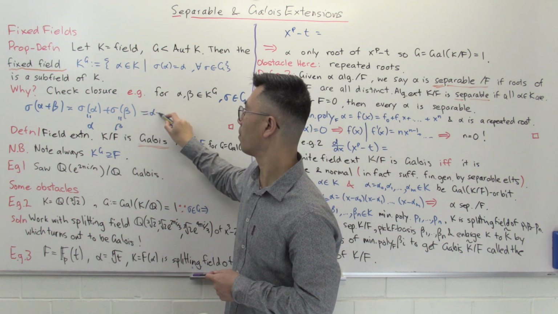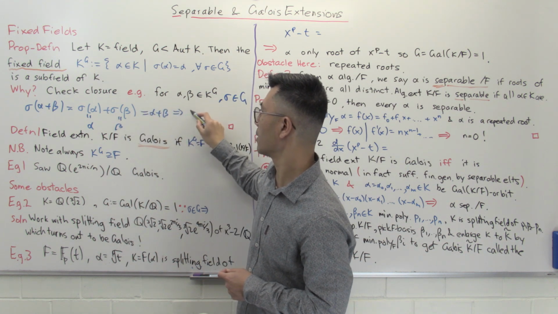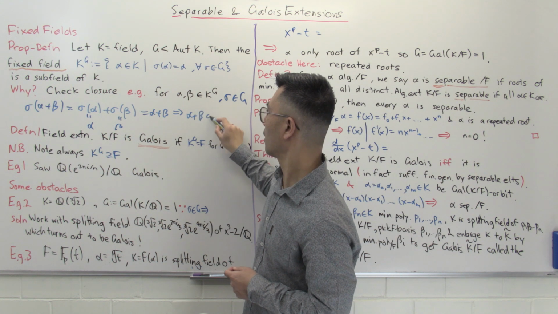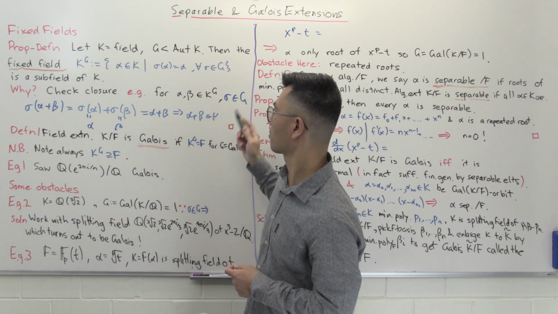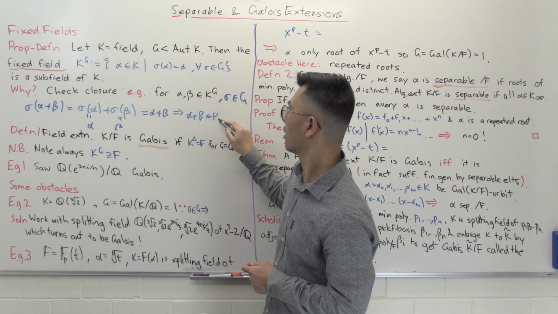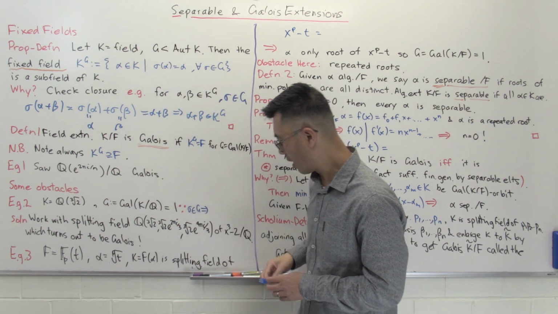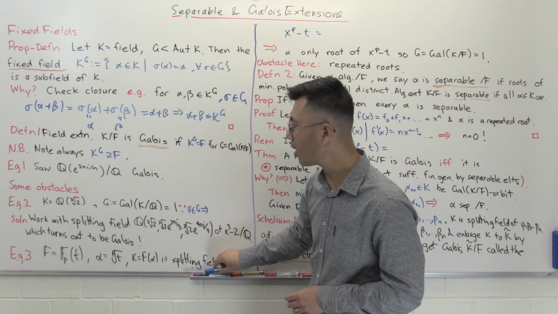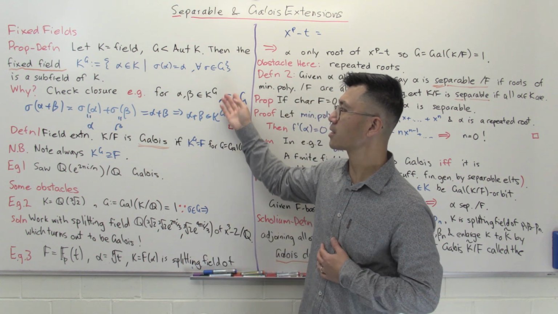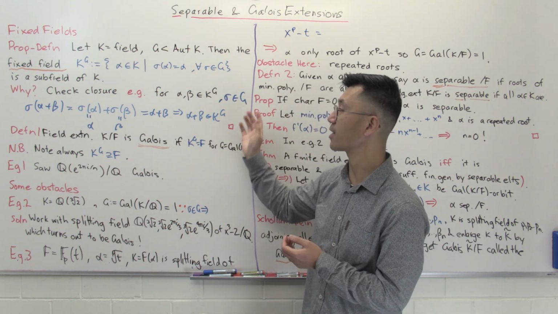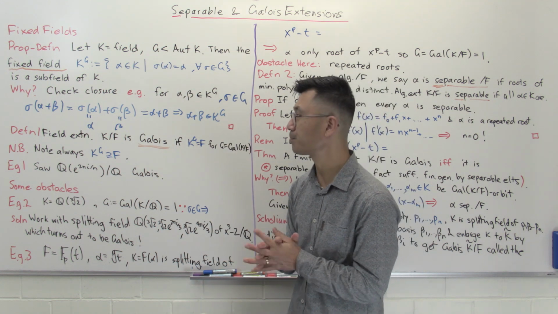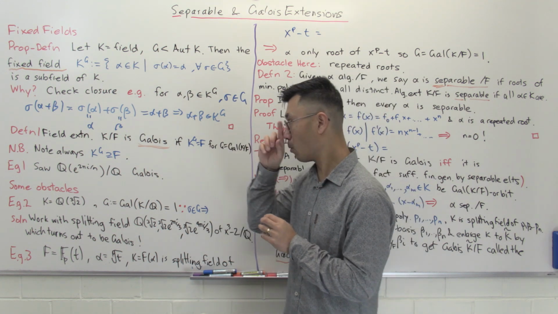So this is just alpha plus beta, and that implies that alpha plus beta is inside K^G. So it's quite easy to check. And you can check all the other axioms for being a subfield, all the other closure axioms, in the same way. It's fairly simple.